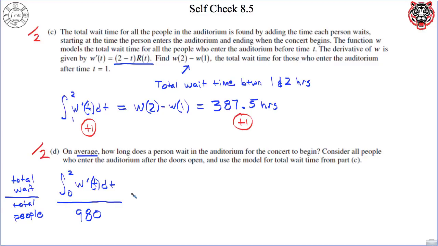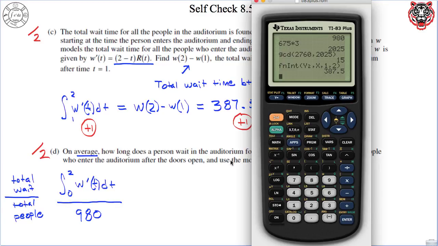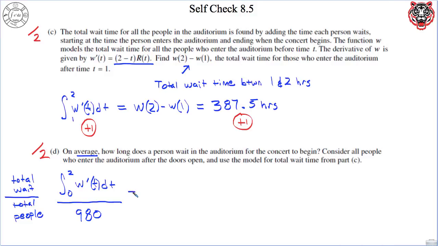This is going to be, it might be approximately equal to, I shouldn't write equal to yet. I need this function again. I do second enter to go back to the previous line, and instead of entering 1 and 2, I do 0 and 2. What number does it spit out? 760. It is a nice number, a nice integer. This is 760 hours, and there are 980 people in line. So this is hours and people.